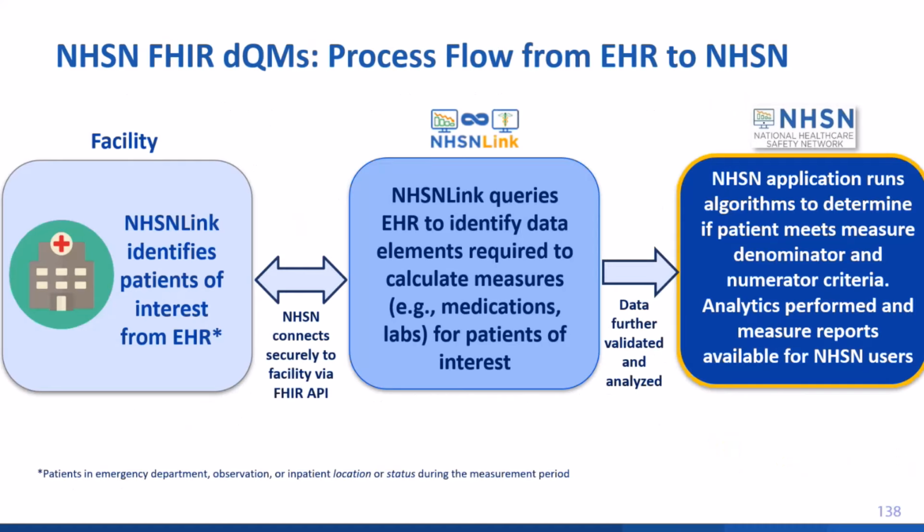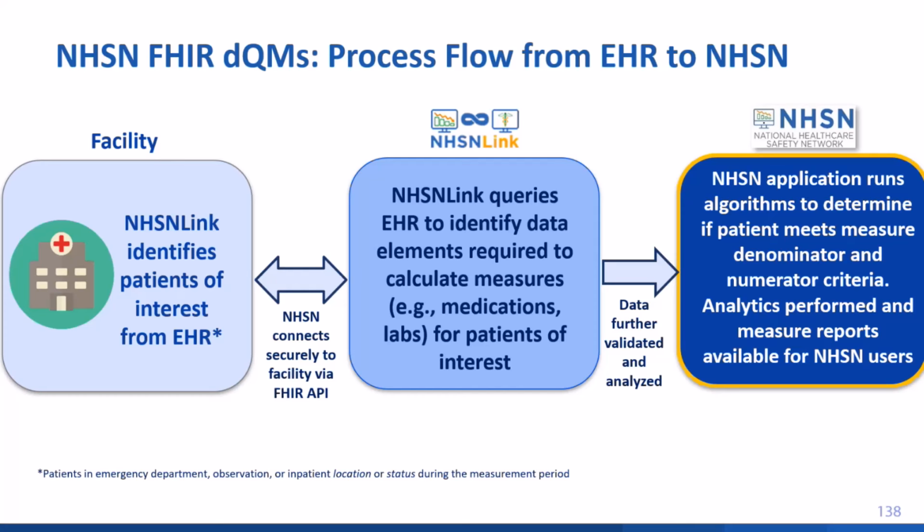So now that we know a little bit about FHIR and NHSN Link, we'll move on to the high-level process flow from the facility to NHSN. NHSN Link identifies patients of interest from the facility's EHR via a secure connection with the FHIR API.